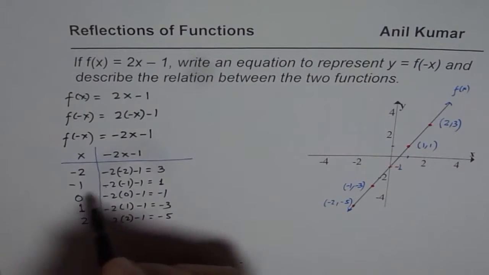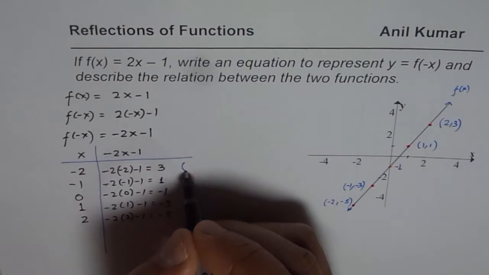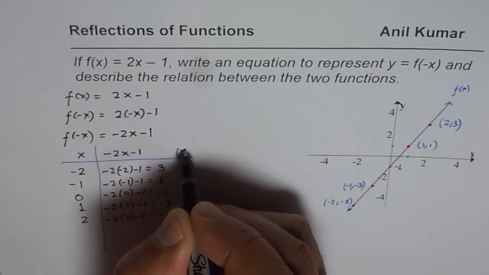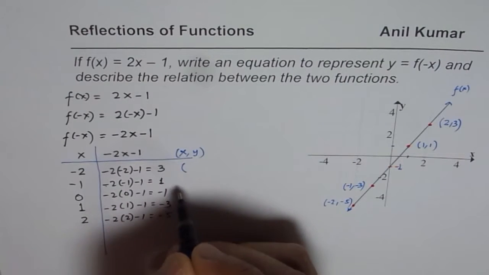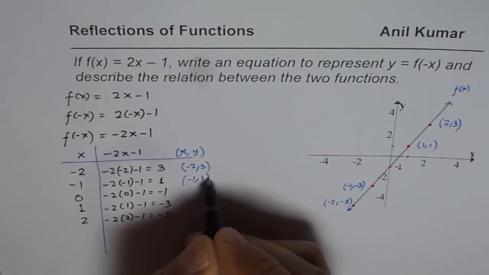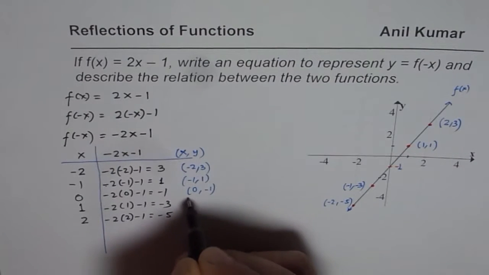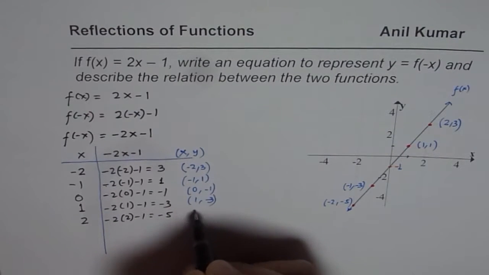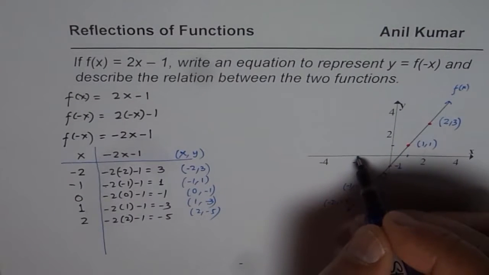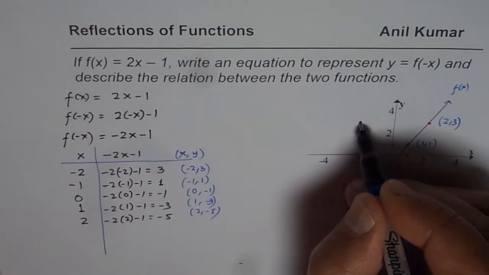So the coordinate points for x and y in this case will be minus 2, 3; minus 1, 1; 0, minus 1; 1, minus 3; and 2, minus 5. Correct. Let us plot these points. For minus 2, we have a point which is 3, that is here.